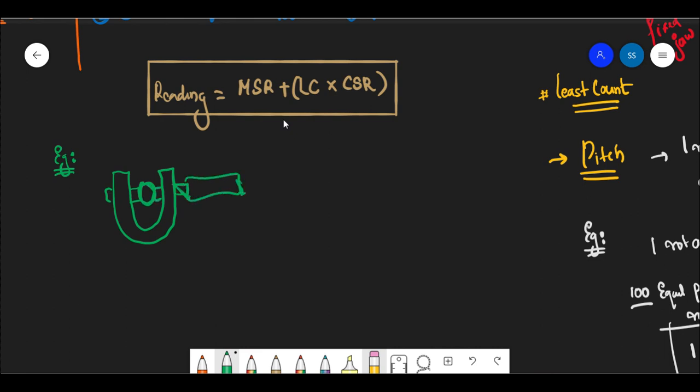It's not a perfect diagram, as you know. When you rotated this circular scale, you got this as 7 mm, right? And this I'm going to draw a little bit here.